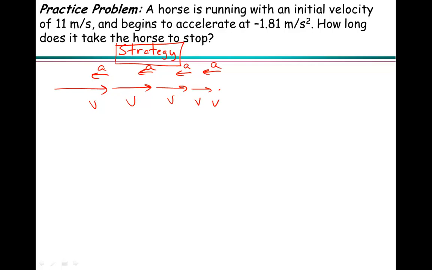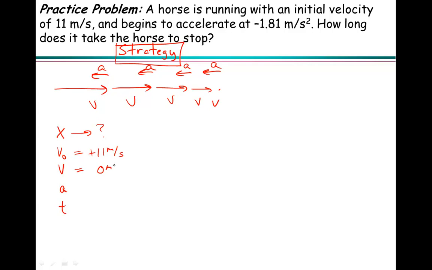The next part of our strategy is to write down these variables. Always write down these variables: x, v initial, v, a, and t. There are 5 of them. Then we see if any of these variables are known in the problem. So x, the displacement, we don't know that. The initial velocity we know to be 11 meters per second, and I'm going to emphasize that it's to the right. The final velocity, well, we can look at our motion map, and we know that that's 0 meters per second.